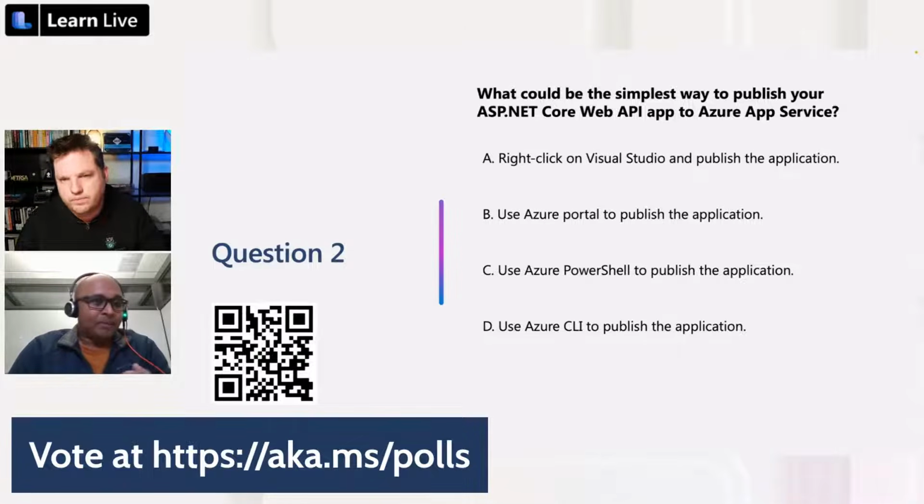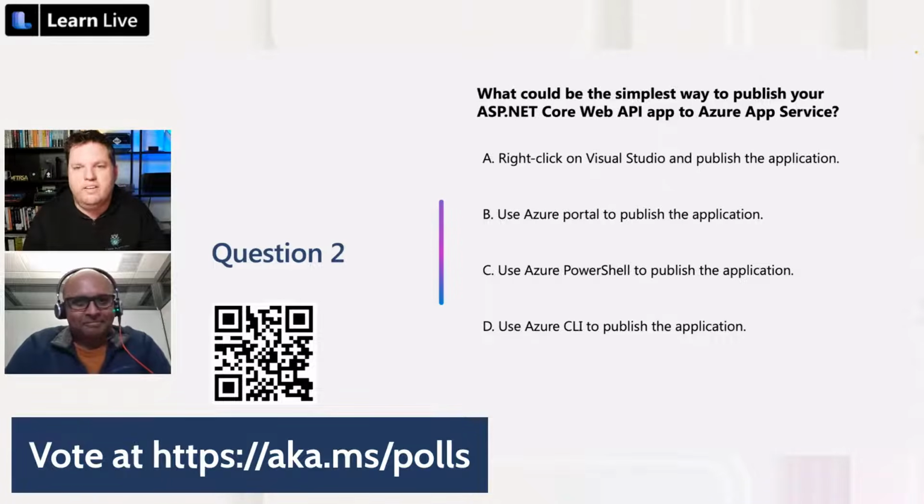As a matter of fact, some of the integrations that we saw actually execute the Azure CLI in the background. It's not to say that one approach is better than the other. They build on top of each other in this case as well. Yeah, so all the answers could be done, but of course, the question was what could be the simplest way to publish your web API to App Service.